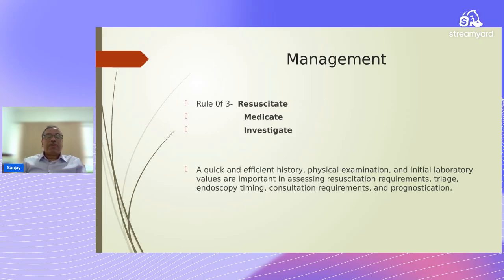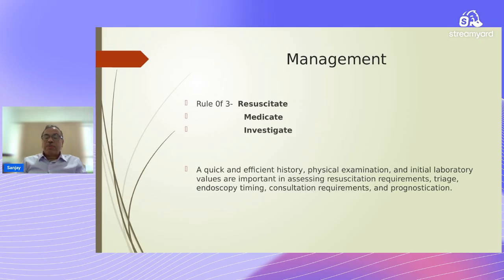These are the important baseline investigations which you would send immediately from the emergency department as the patient is getting resuscitated simultaneously. A falling hematocrit is a bad sign, which tells you that there is an ongoing hemorrhage.